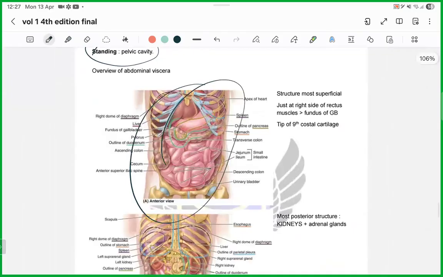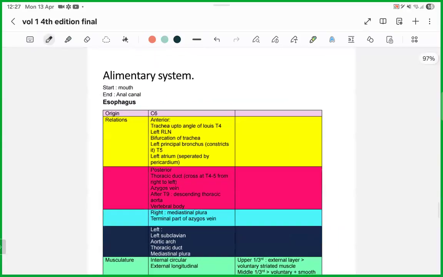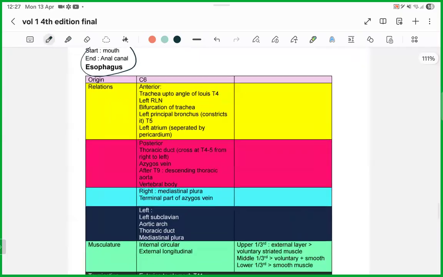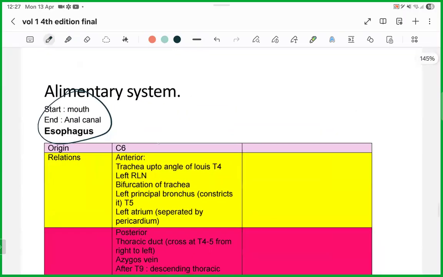These are just to see. Okay, give a reading. At the tip of the ninth costal cartilage, we get the fundus of the gallbladder. That's it. Then comes esophagus. Relations and musculature are not important. Esophagus, you will find in detail in thorax.